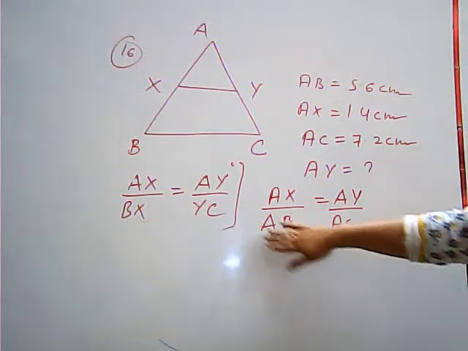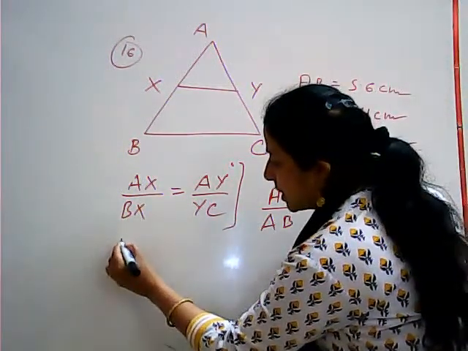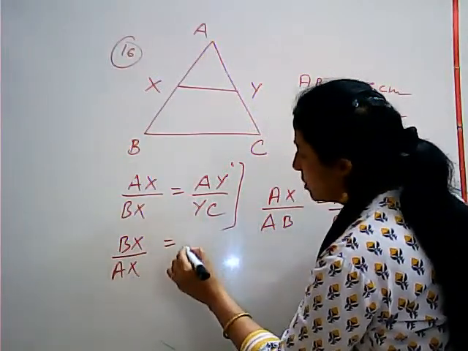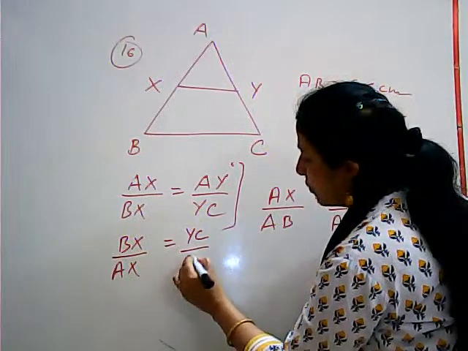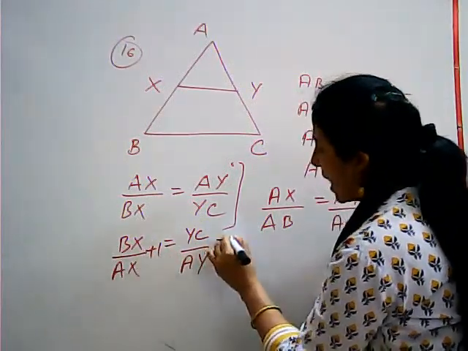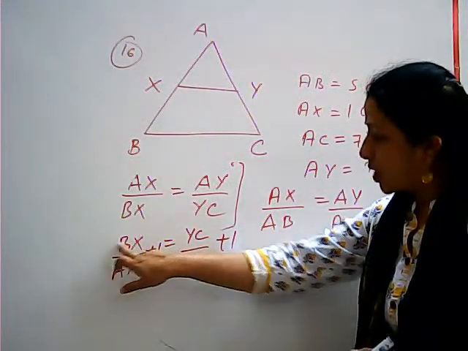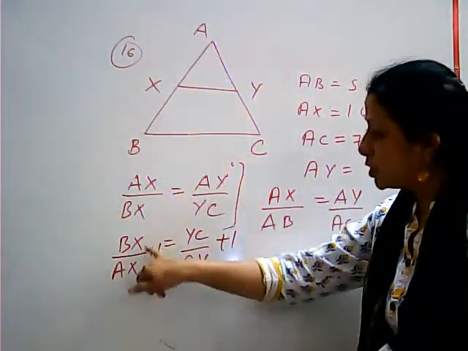These are the terms, and we have to make this one, so how do we do it? Take the reciprocal: BX over AX is equal to YC over AY. After that you will add 1 on both sides. So here if you take the LCM, what will happen? BX plus AX, and that is equal to AB.